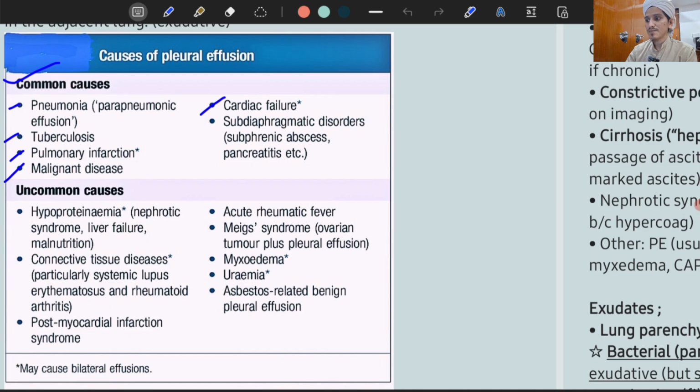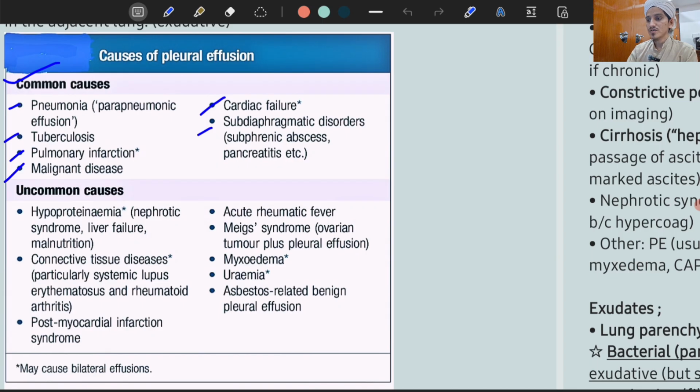Sixth is subdiaphragmatic disorders like subphrenic abscess, pancreatitis, etc. So these are the common causes of pleural effusion: pneumonia, tuberculosis, infarction, malignancy, cardiac failure, or subdiaphragmatic disorders. These are nothing but cardiovascular and abdominal disorders contributing to pleural effusion.